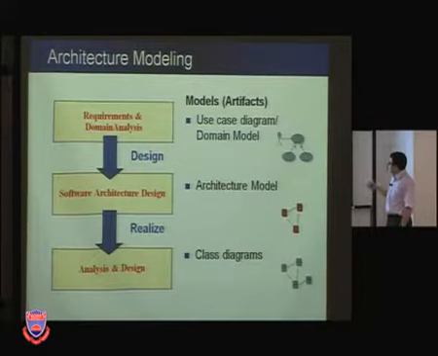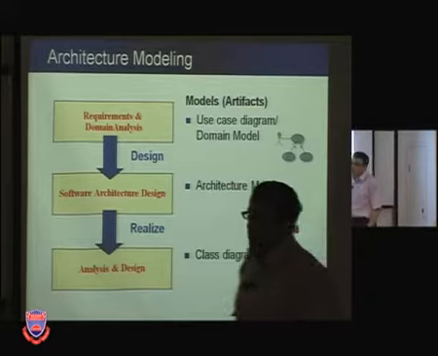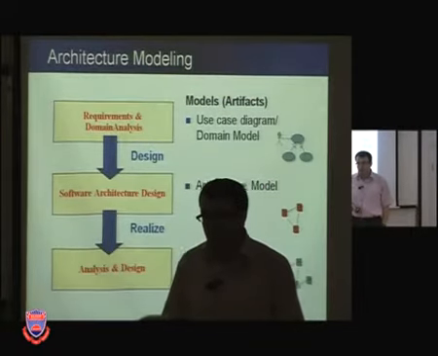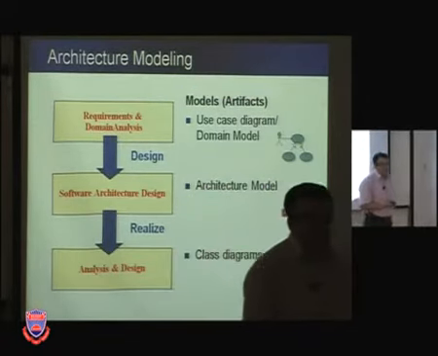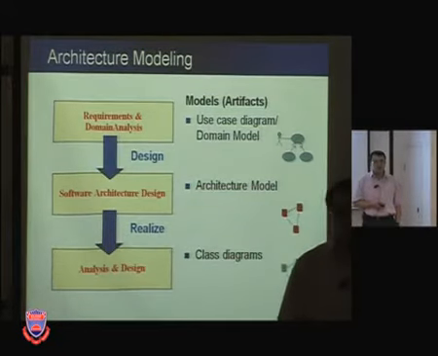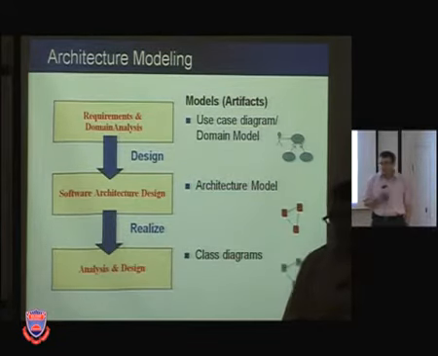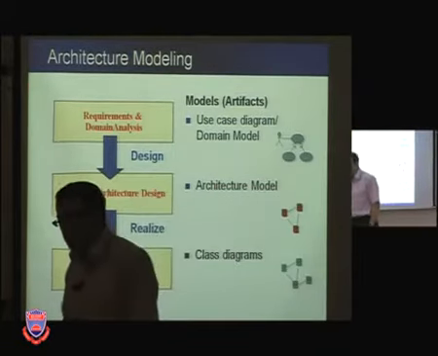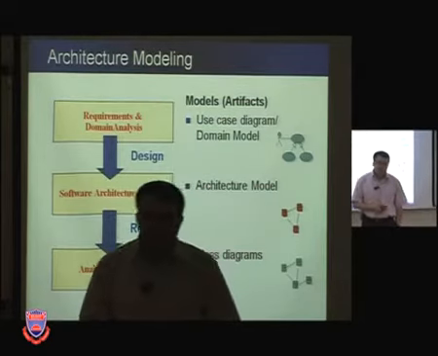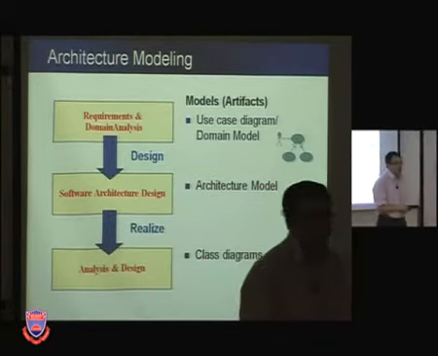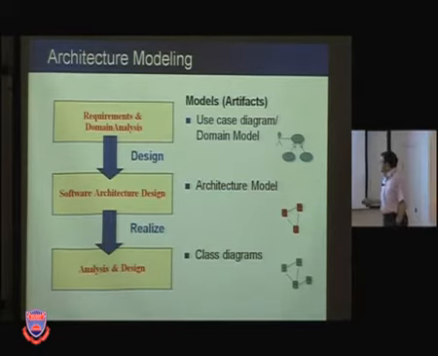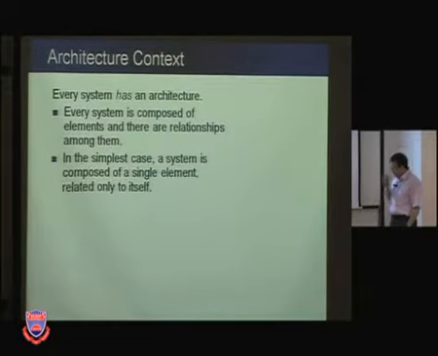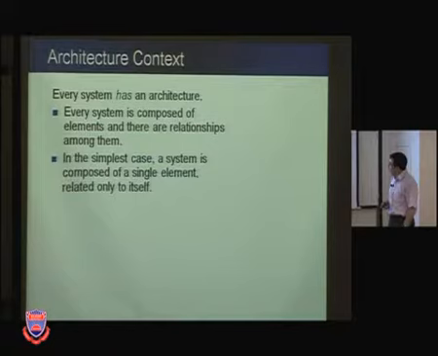The requirements as a use case diagram here, for example, a class diagram, and also for architecture design we will have an architectural model. Why? Just the same motivation as for modeling in general: for visualizing the thing that we are going to develop, for communicating our ideas, for guiding the process, etc. So it's quite logical to have a software architecture model.